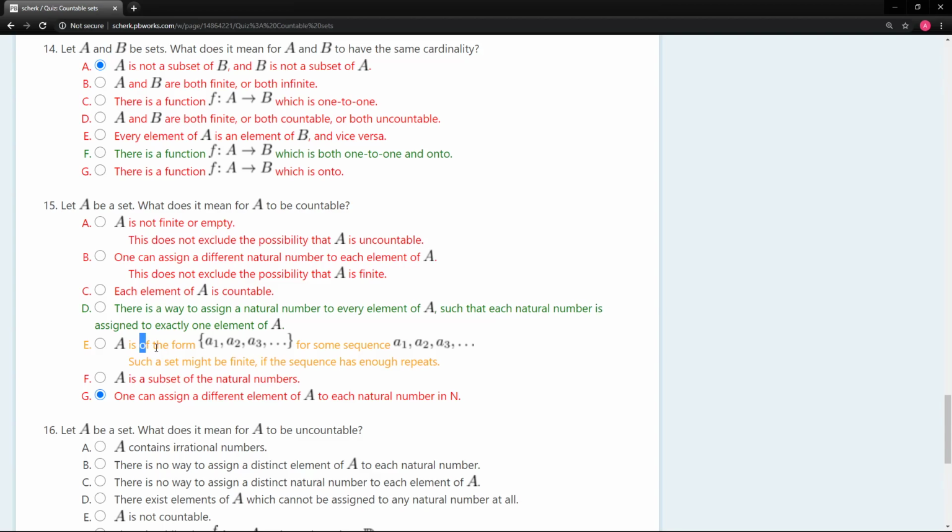This kind of feels like the idea I used in the intuition, that you can think a set is countably infinite if you can list it in such a way: A1, A2, A3, and so on. But what they're saying is it might be finite if the sequence has enough repetitions. Like, what if this set was A1, A2, A3, A1, A2, A3, and it keeps repeating?